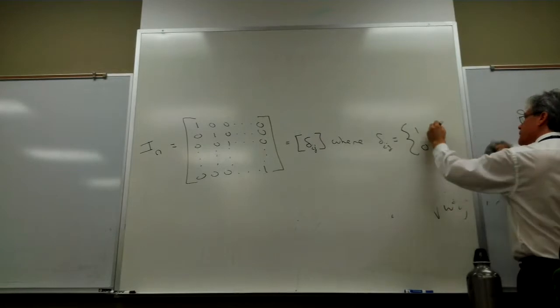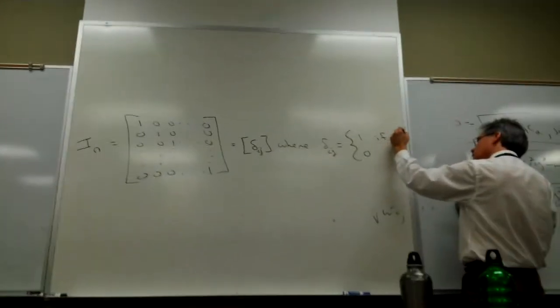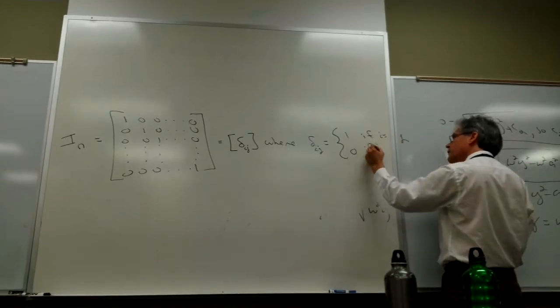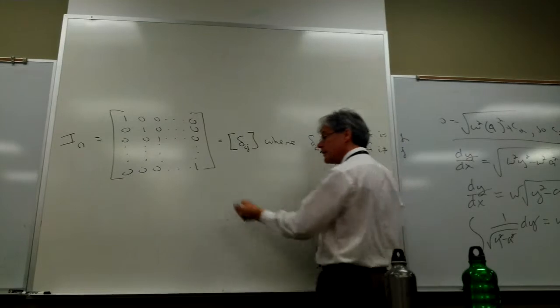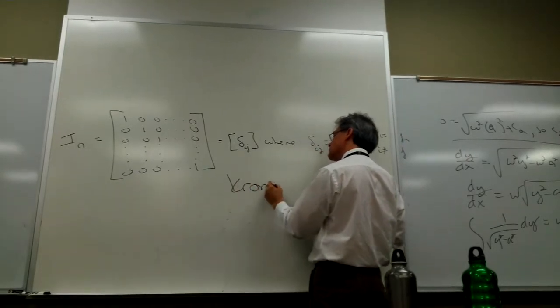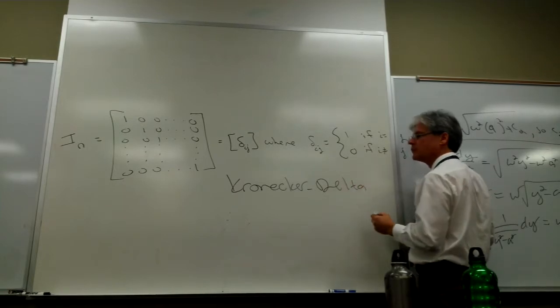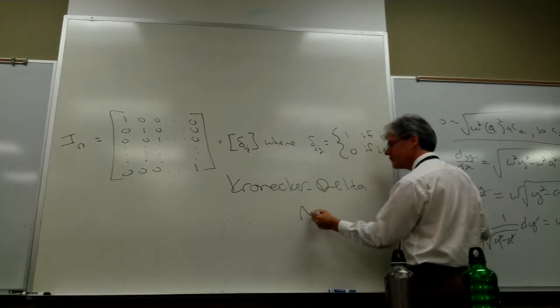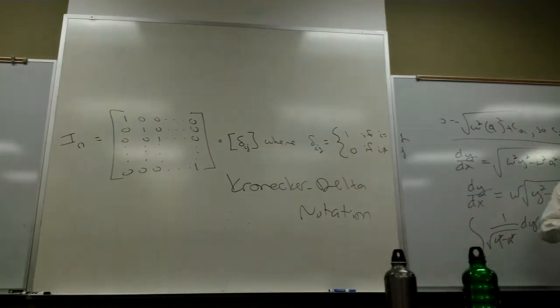It's going to be 1 if i equals j. It's going to be 0 if i is not j. Actually, this is so important. Can I give it a name? I'm going to call this my Kronecker delta notation for my identity matrix.